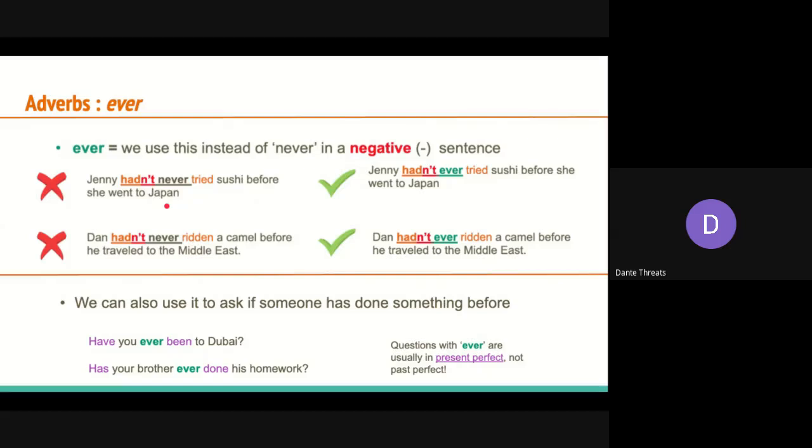And with two negatives, you create a positive, right? So in this sense, we use "ever" when we are using the verb in a negative sentence. Okay. Jenny hadn't ever tried sushi before she went to Japan.